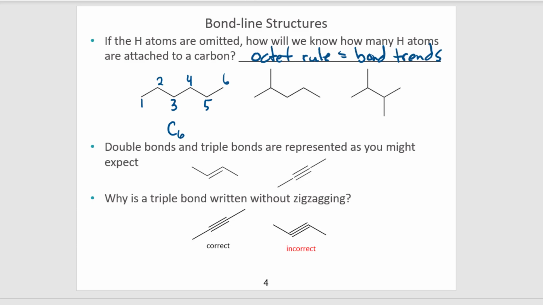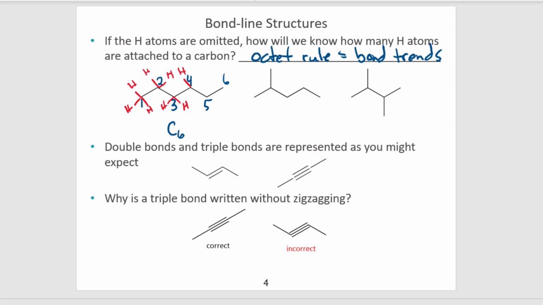How many hydrogens? Let me see. Carbon 1 has to have an octet. So carbon 1 only has a bond to carbon 2. Therefore, it must have 3 assumed hydrogens. Carbon 2 is attached to carbon 1 and carbon 3. That's 2 bonds, so it must have 2 assumed hydrogens. Carbon 3, 2 assumed hydrogens.